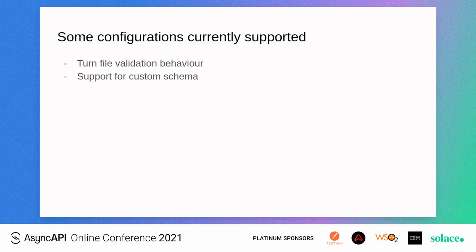Before every specification file is merged, it is first validated. You can change this behavior by passing validate false as an option. Also, if you're using a different schema, you can pass in a custom parser schema as well.